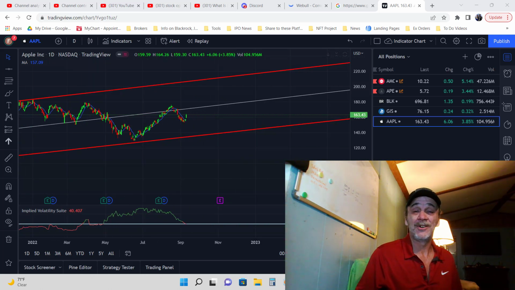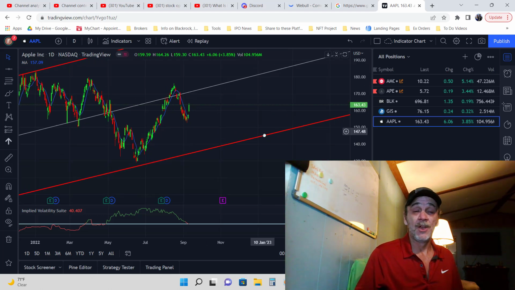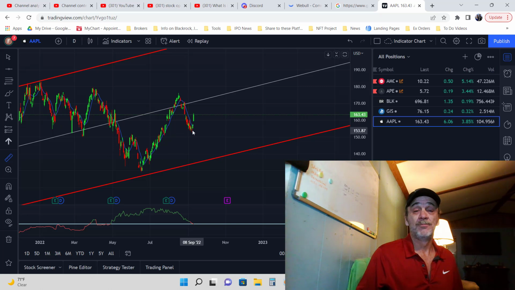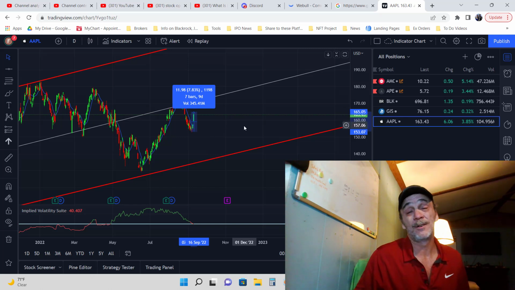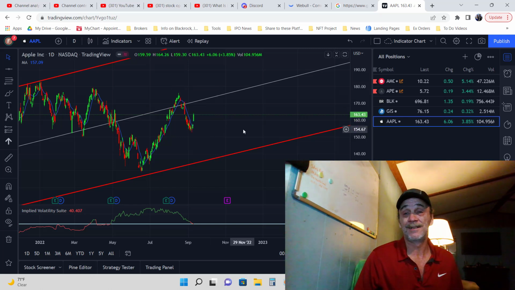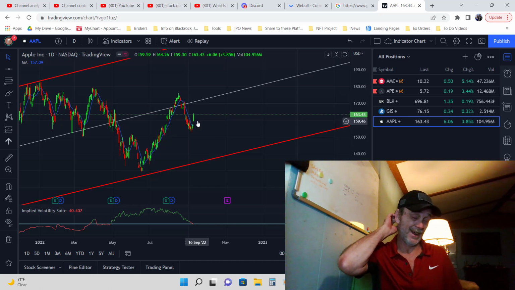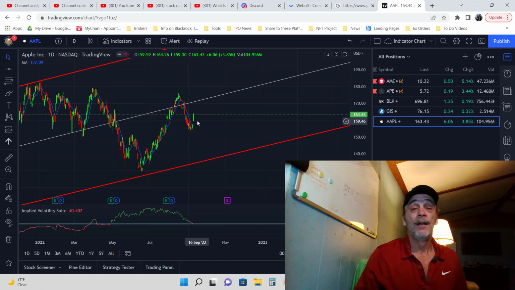Even though I was interested in the play, it was Monday and I couldn't get in, and the stock ran up $12 basically in the past two days, Friday and today. So I didn't get in.